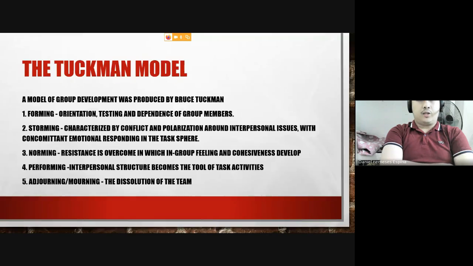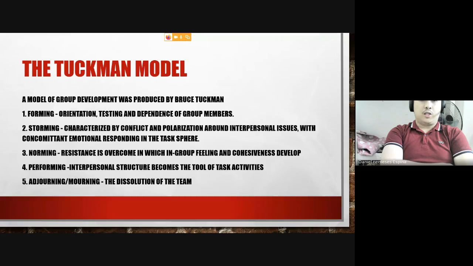And then, of course, the fifth stage is the adjourning or the mourning. So it is the dissolution of the team. So after the project is done, usually it happens sa mga artists, di ba? So if they have a project na mga teleserye, especially if it will take years, say 2 years, 4 years, so ang pinakalisod ana is ang pag-adjust.